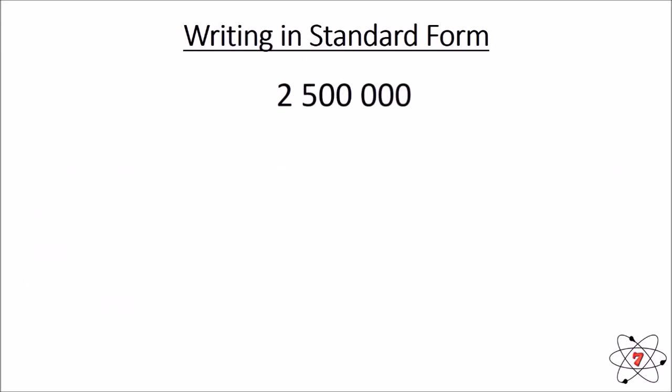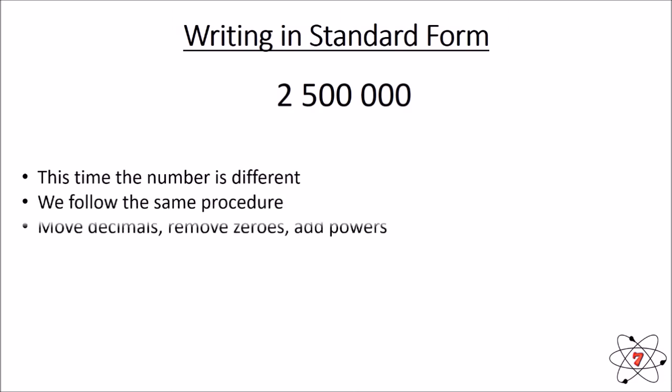Let's try another number. Let's try 2.5 million because it's going to be slightly different. We're still going to follow the same procedure. We're still going to put the decimal at the end, move it forward, and remove the zeros. So, exactly the same, but we've now got 2.5 million. The decimal place moves forward 6 places because we need to get to the first number.